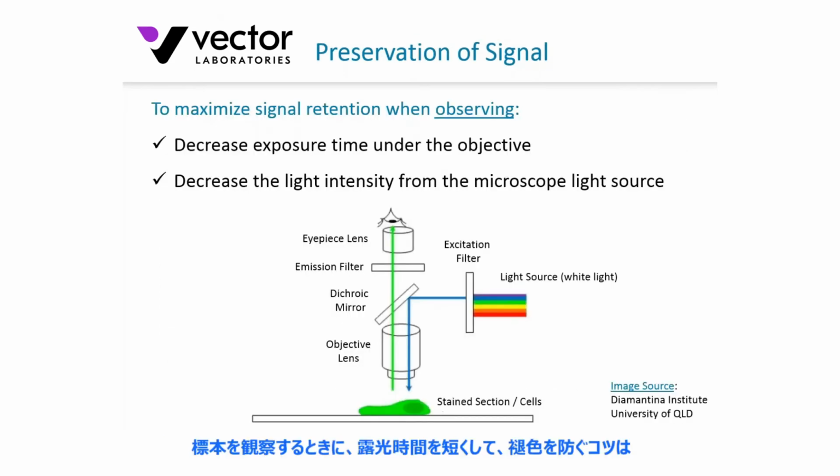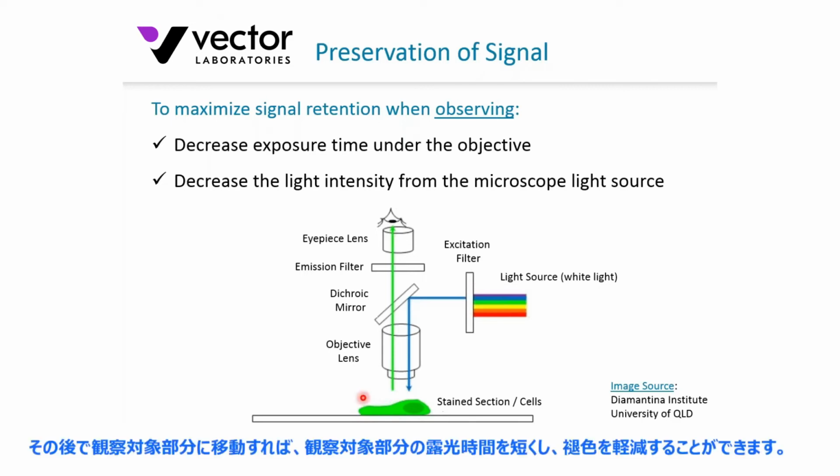Now, a couple of tricks you can employ when you are observing the specimen under the microscope to retain maximal signal: decrease the exposure time under the objective. So with this diagram here, move this objective lens away to, say, the edge of the target of interest, do the focusing, set up parameters, etc., and then you can move it back to the target of interest and do the imaging and reporting there.